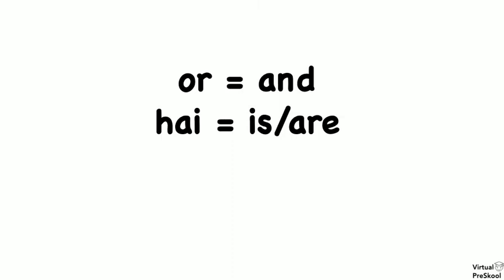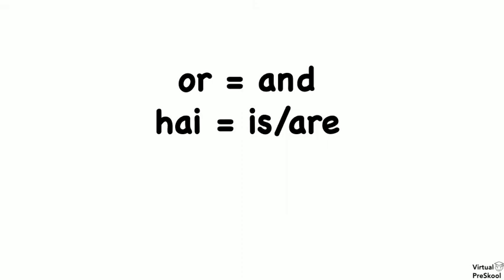Aur. So if we wanted to say lunch and dinner, dopaher ka khana aur raat ka khana, blue and green, neela aur hara. Red and yellow, lal aur pila. So aur is how we say and.